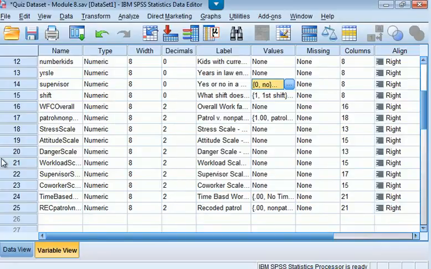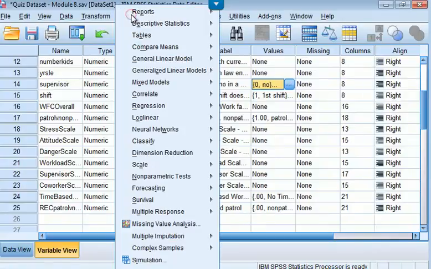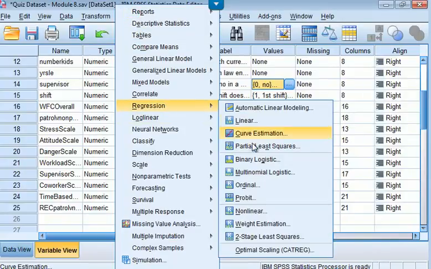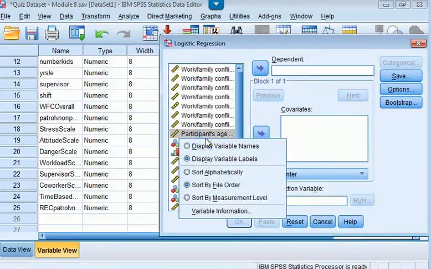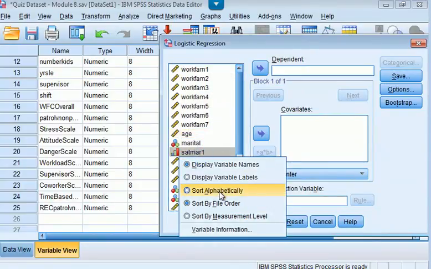Next question, question 8, asks you to run a logistic regression with the recoded patrol, so the recoding that you did earlier in the quiz, as your dependent variable, and the number of kids, education, and years law enforcement as your independent variables. So you come to analyze, again go to regression, go to binary logistic, move those over.